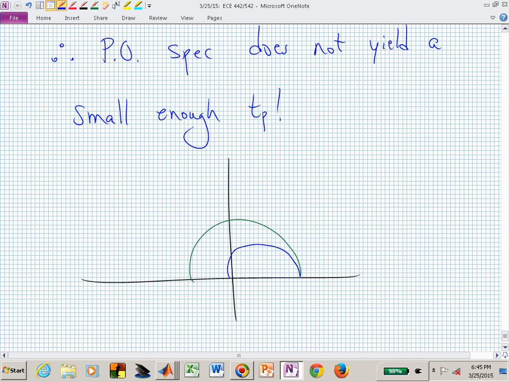Now, what do we have? We had angles that were maybe here and here, let's just say. We need to satisfy a radial spec, an angle spec, and an overshoot spec, all simultaneously. We learned that the percent overshoot spec didn't give us a big enough angle.